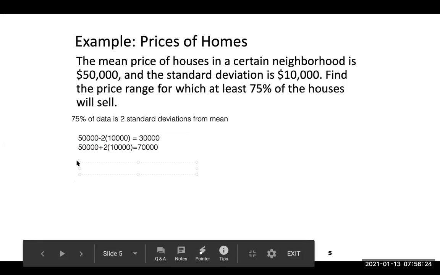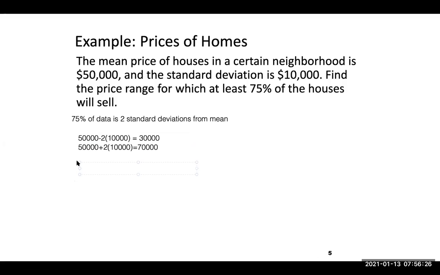So if we look within 2 standard deviations of the mean, this tells us that 75% of the houses sold for $30,000 to $70,000.